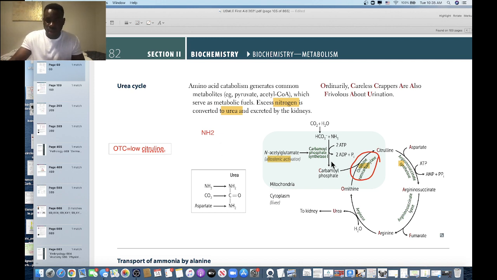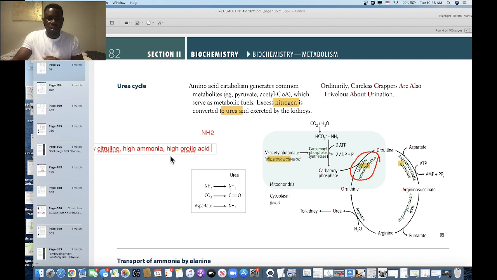Because everything will back up and then we'll have high ammonia. Good. So I'm going to write high ammonia. Then the next one is that we'll have high orotic acid. Okay, high orotic acid. Now somebody may ask, where from the orotic acid?